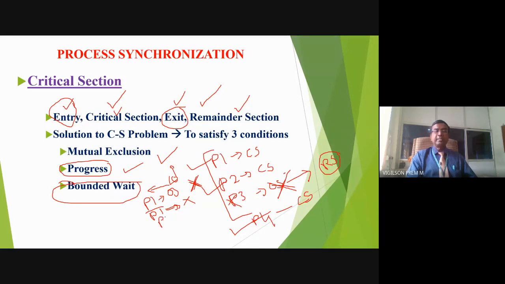Next also P1 requests, not allowed, so the value is reduced to 8. Like that, for each request the value will be reduced by 1. Finally, that value will become 0. Now the OS will have no choice other than allocating to this process. That means there should be a fixed time for waiting. At one stage, surely P1 will get to the critical section.